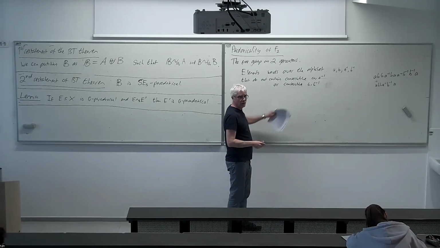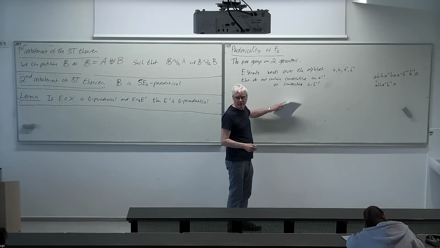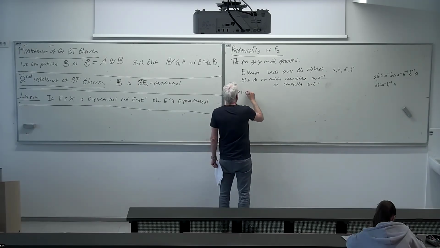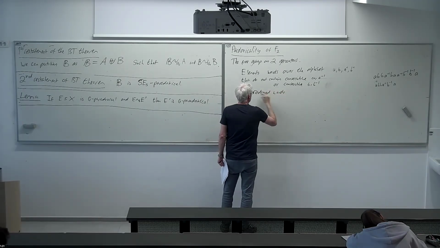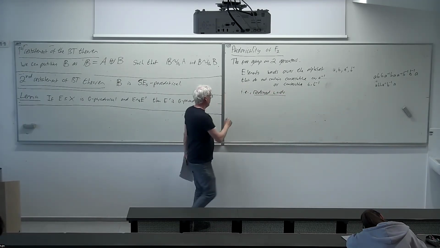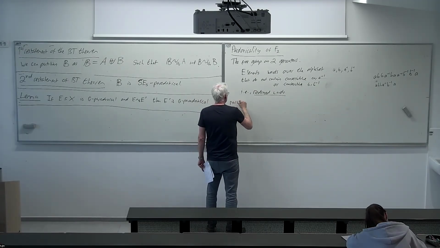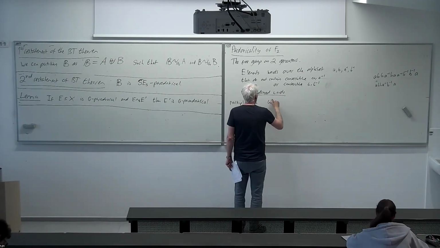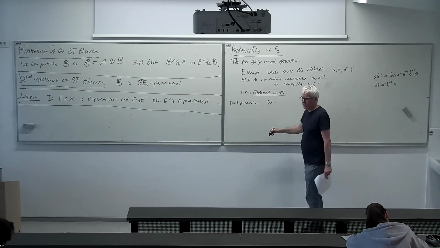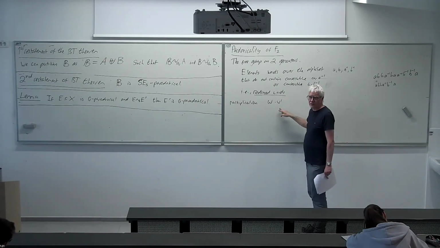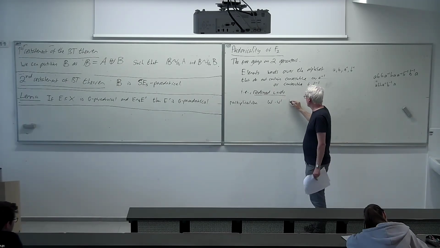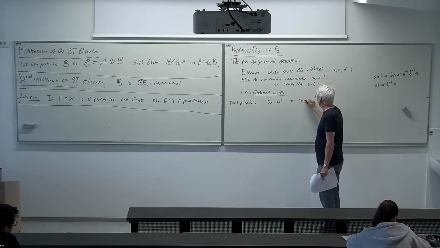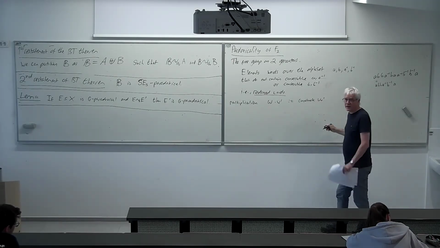Such words we call reduced words. And multiplication of w, that's one reduced word, times another reduced word, w prime, is defined to be: concatenate w and w prime and then reduce.